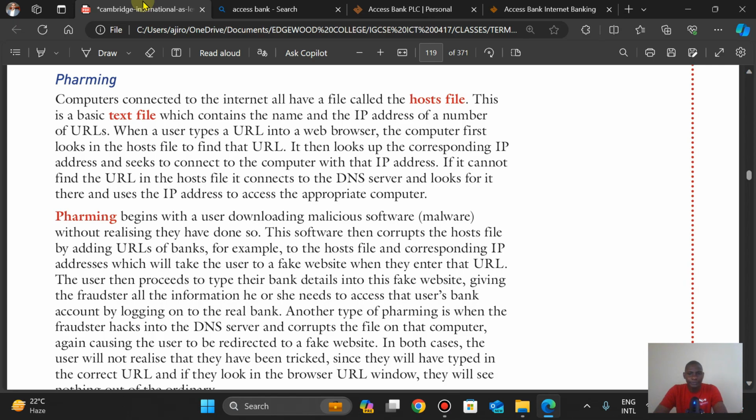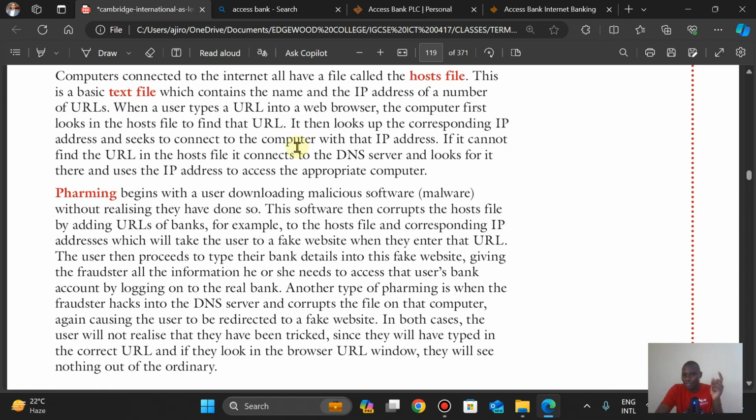Another type of pharming is when the fraudster hacks into the DNS server and corrupts the file on that computer, causing the user to be redirected to a fake website. So each time you type it, it redirects you to another site that looks like that site. In both cases, the user will not realize they have been tricked, since they typed in the correct URL.